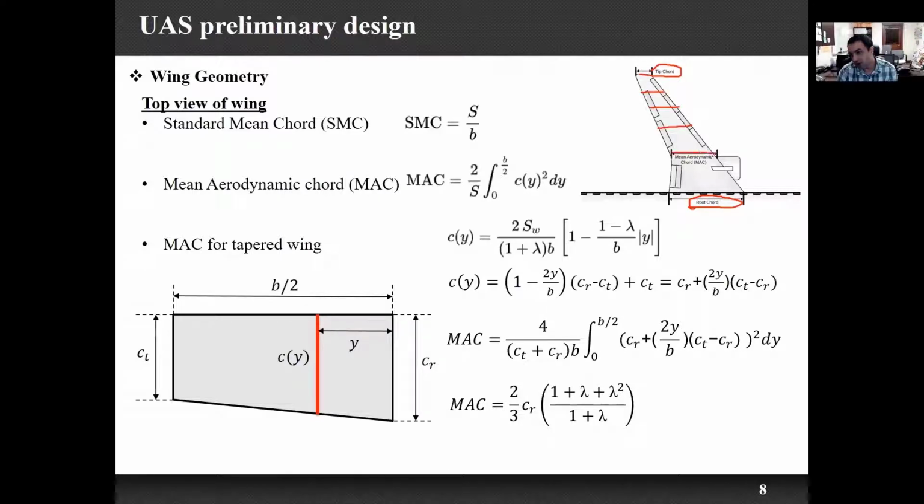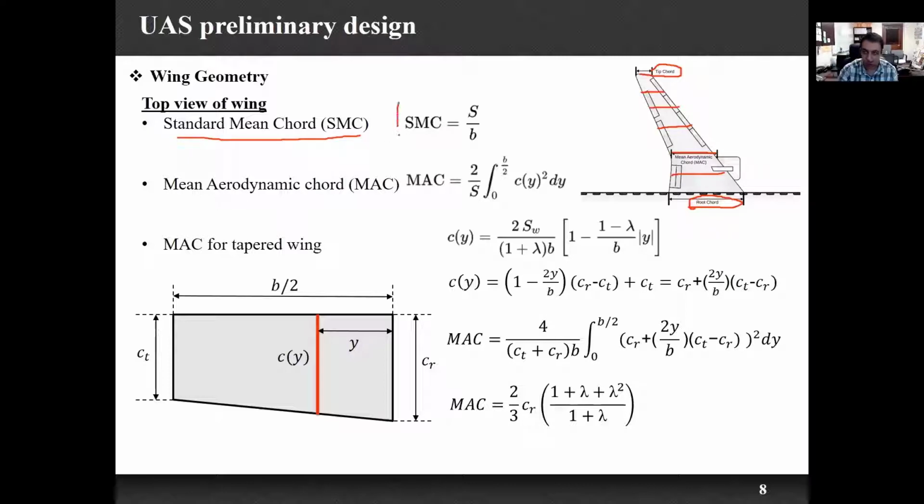So we are always looking for a length which has the average value on the wing. For example, the maximum chord is at the root, the minimum is at the tip, and here we have an average value which we call standard mean chord.